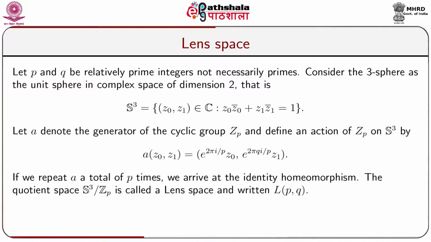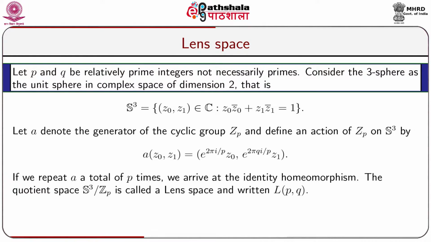Next, we consider another important topological space which is called lens space. Let p and q be relatively prime integers, not necessarily primes.